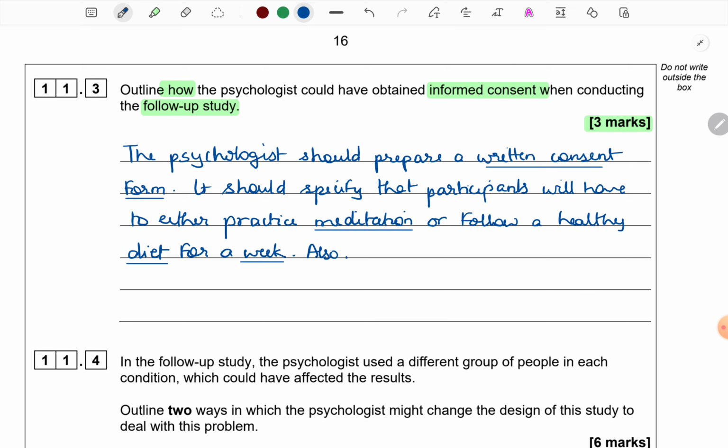Also, that they have to let their heart rate be measured.